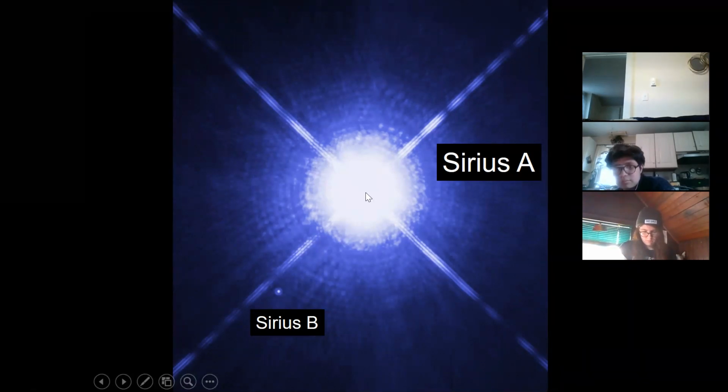Look at how much more luminous Sirius A is than Sirius B. And that's entirely due to its radius. You'll remember that the luminosity of a star is strongly dependent on its radius, and these things are incredibly small. So the only reason we're even able to see this white dwarf is because it's 8 light years away.